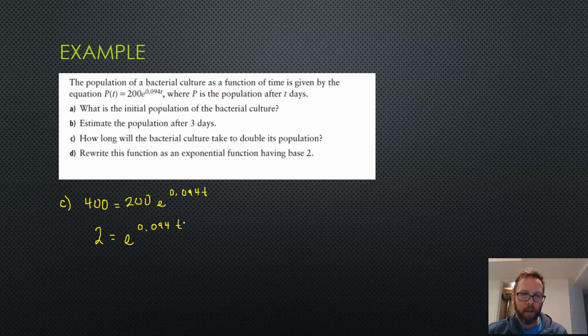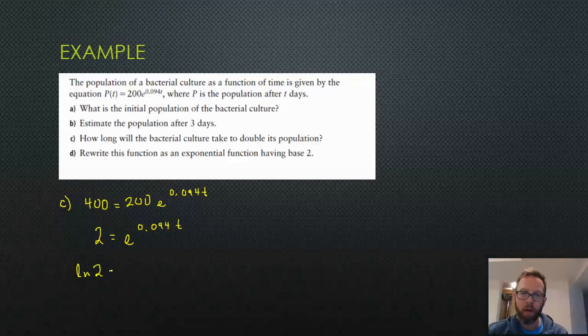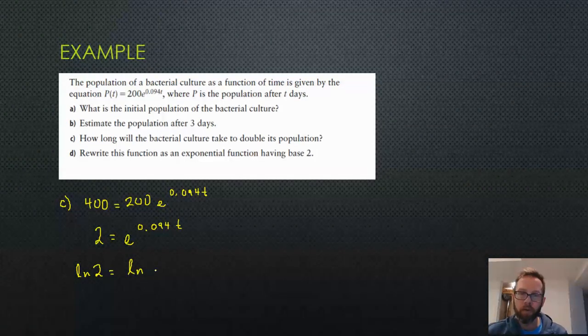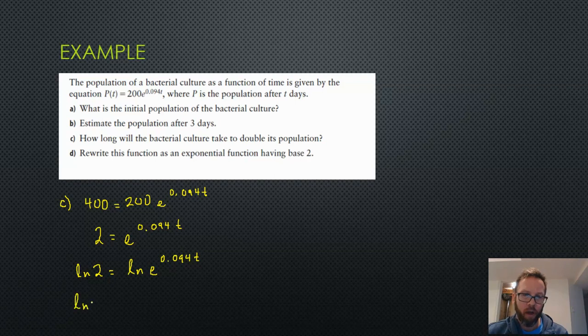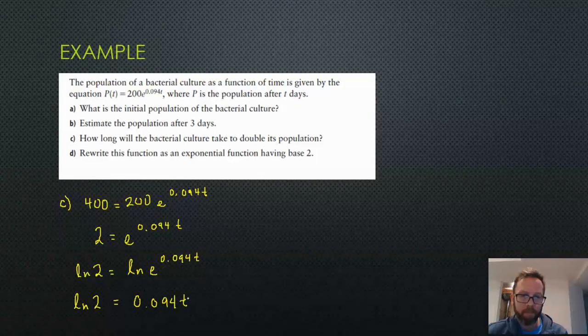0.094t. Our goal is to get that t out of the exponent. We want to isolate it. Our way to do that is to take the ln of each side, because our base is e there. We want the log base e, which we call ln. And from the properties we just talked about, remember those are inverses of each other, ln of e to the power of 0.094t is actually just 0.094t.